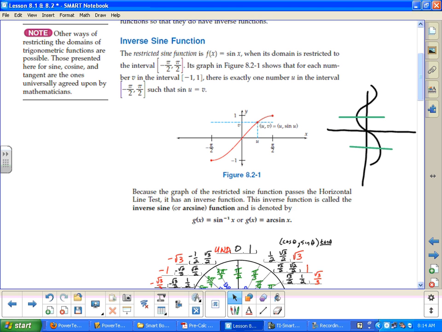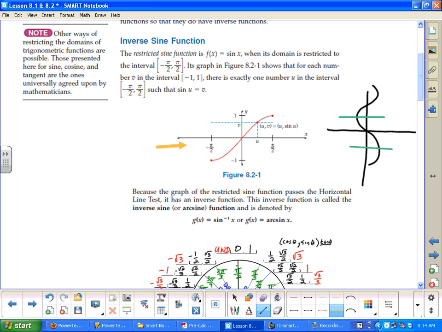But when we turn it back the other way, that restriction is from negative pi over 2 to pi over 2. So when we're talking about the inverse sine function, we're talking about a region between negative pi over 2 and pi over 2.